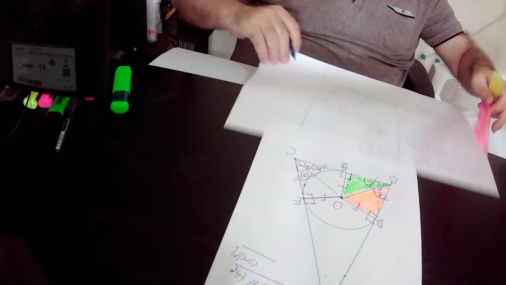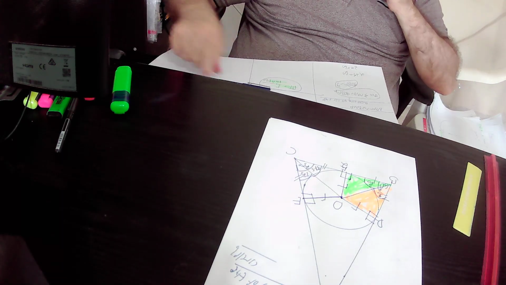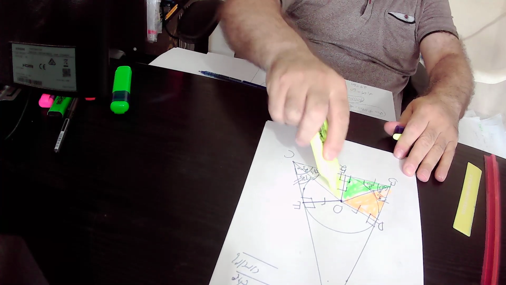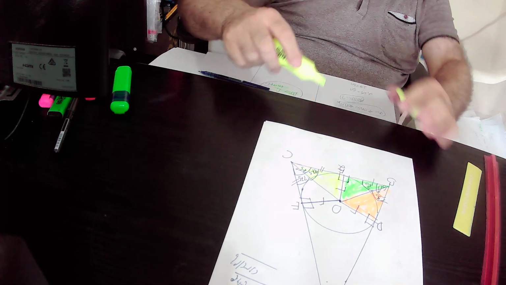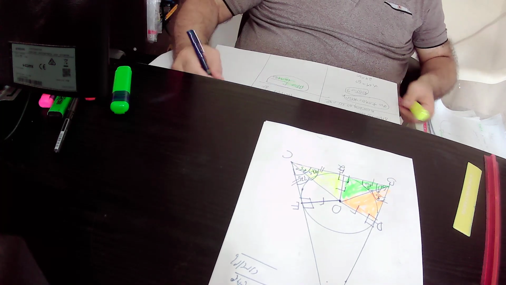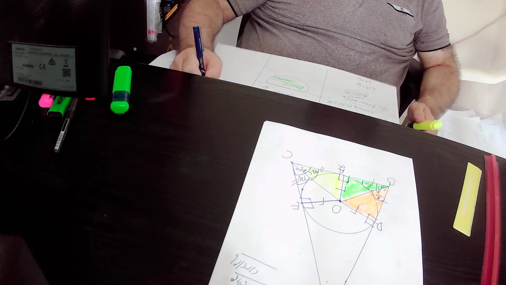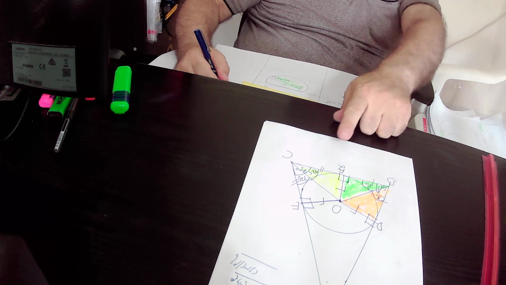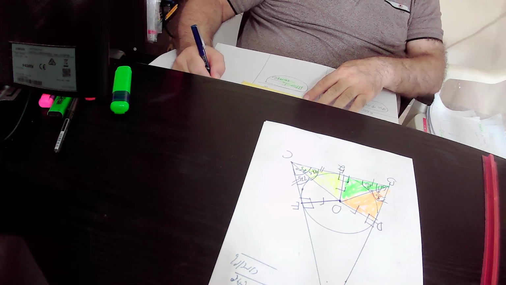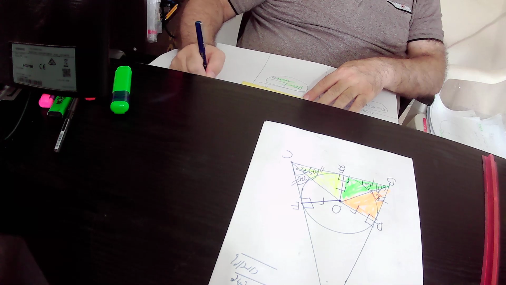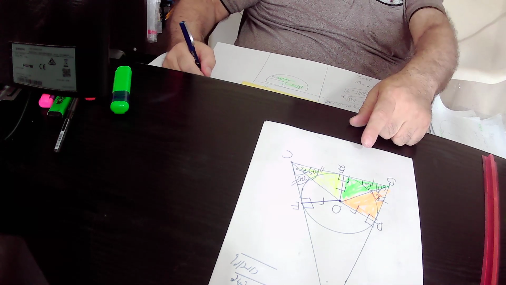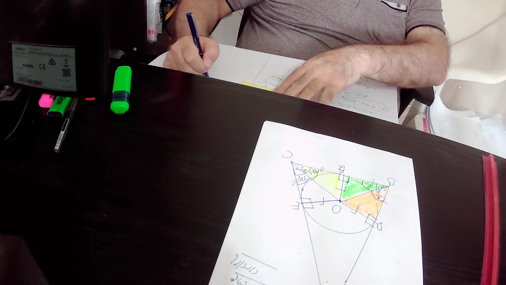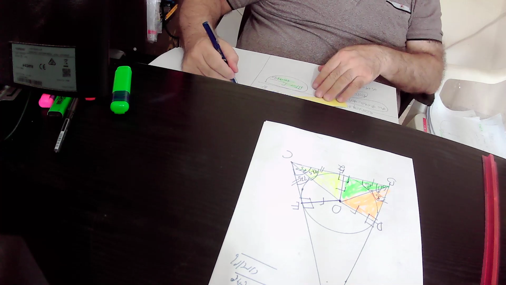In the next step, we'll focus on the yellow right triangle OFC. In the yellow right triangle OFC, tangent 37.5 degrees is equal to OF over FC.